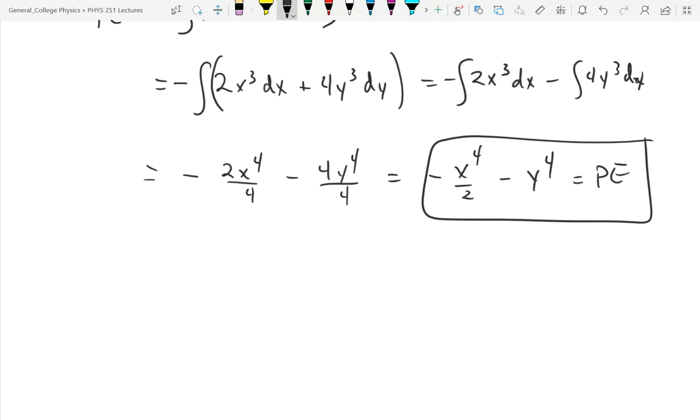I'm going to check this. Why? Because I'm that kind of person. How am I going to check it? Minus del of the potential energy, or minus the gradient of the potential energy, should be my force.